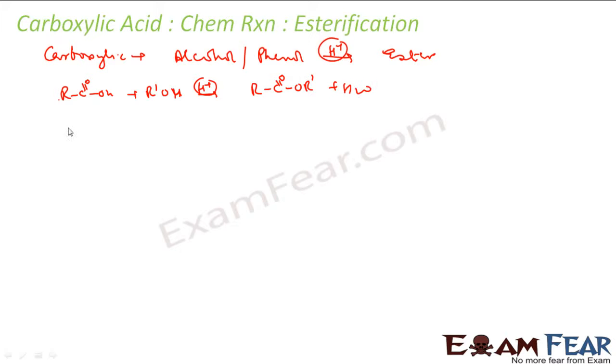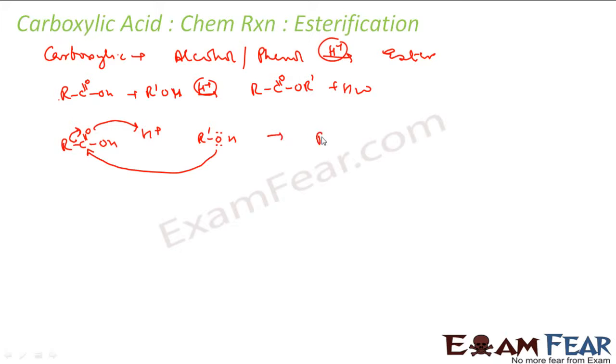If you want to know the reaction mechanism, how it works is, see, I have this carboxylic acid, I have this H plus, right? H plus has to react here, because oxygen is electronegative and we know that this bond easily breaks in this fashion. And I have R dash OH, oxygen has lone pair of electrons, it will attack this carbon.